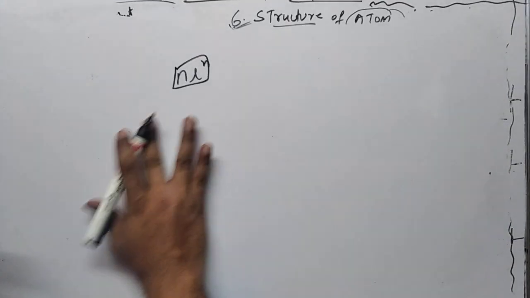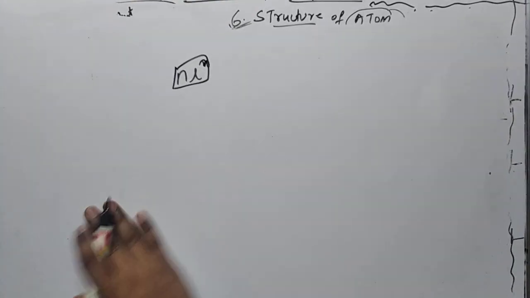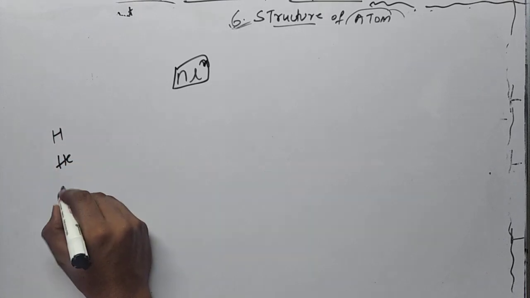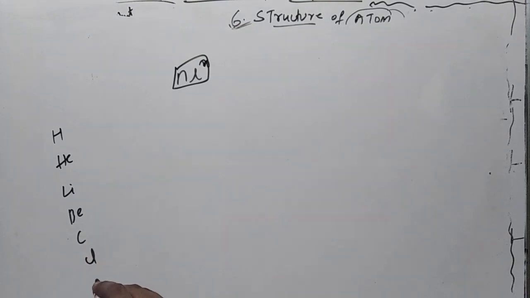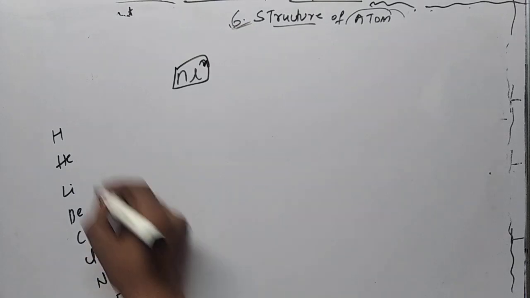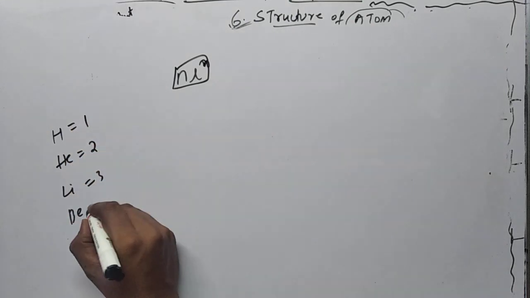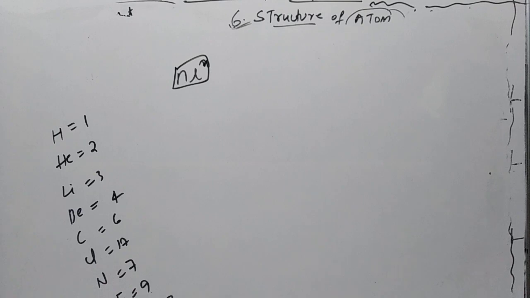Suppose you want to write the electronic configuration of elements like hydrogen, helium, lithium, beryllium, carbon, chlorine, nitrogen, fluorine. You should know their atomic numbers: 1, 2, 3, 4, 6, 17, 7, 9. We'll take one more, oxygen, 8.